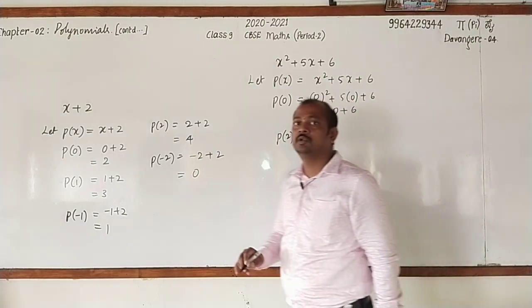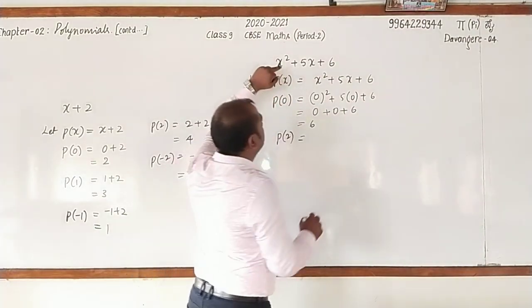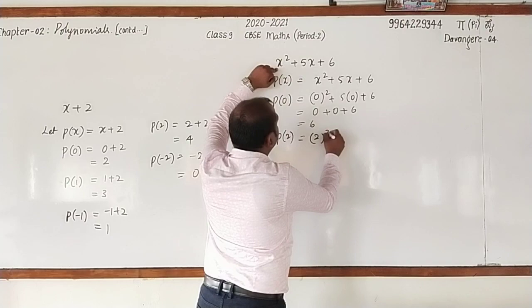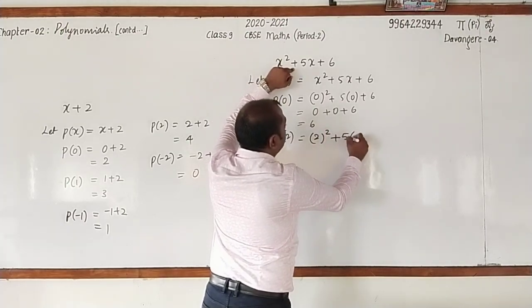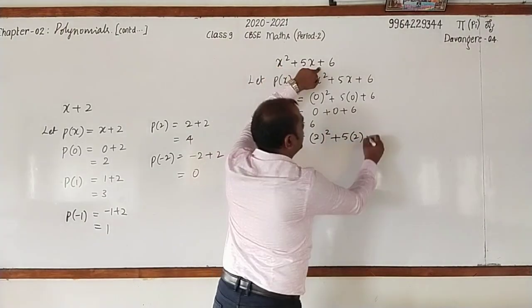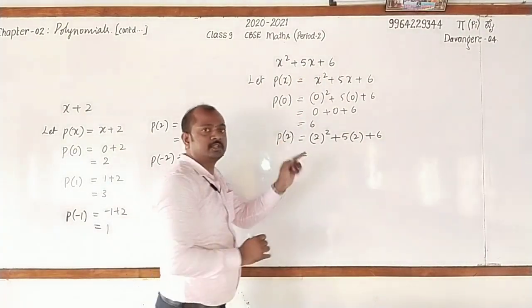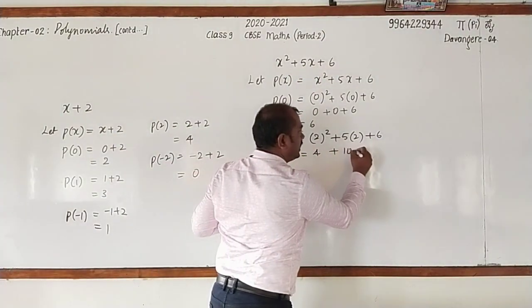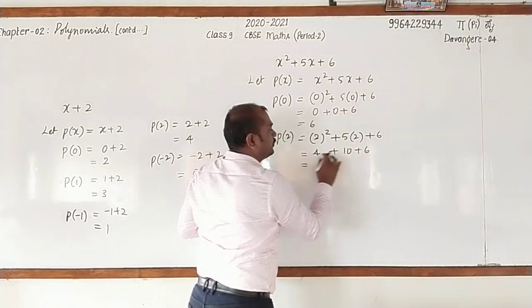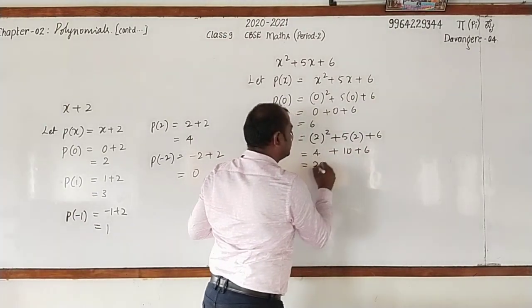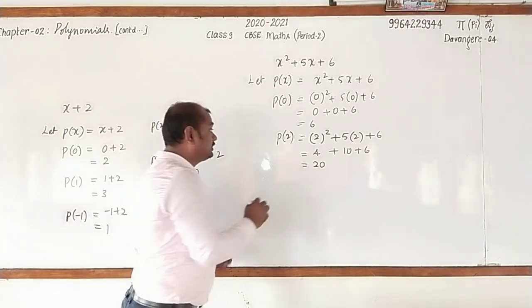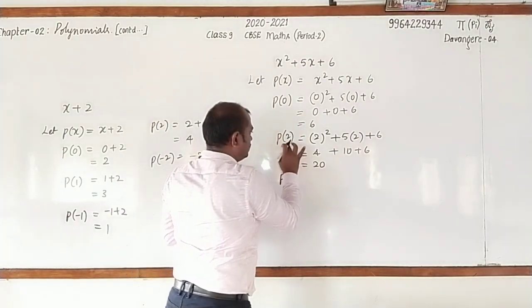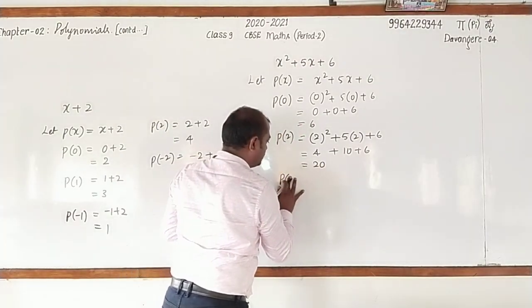Then p of 2. Let us take 2 in place of x. Observe here, 2 whole square plus 5 into 2 plus 6. What is 2 square? It is 4. 5 2s are 10 plus 6. 4 plus 10 plus 6. It is 20. I take one positive, another negative one will be taken.